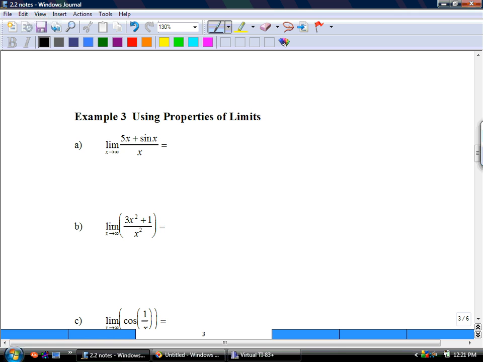You tell me something really cool that you can do with single monomial denominators. 1 plus 2 all over 3 can be written as 1 over 3 plus 2 over 3. So you can write it as the limit as x approaches infinity of 5x over x plus the limit as x approaches infinity of sine x over x.